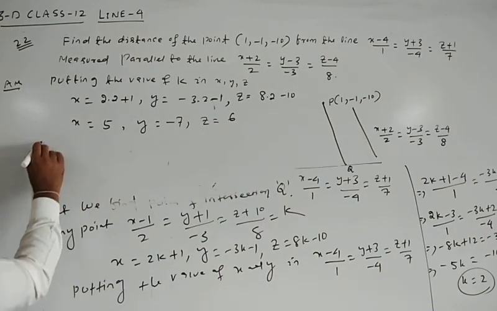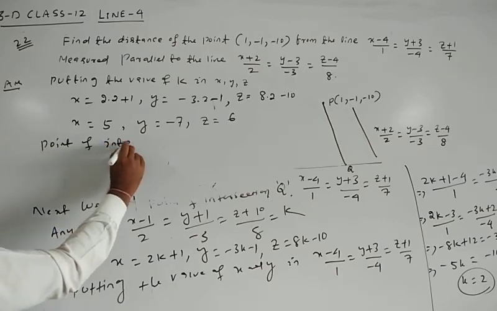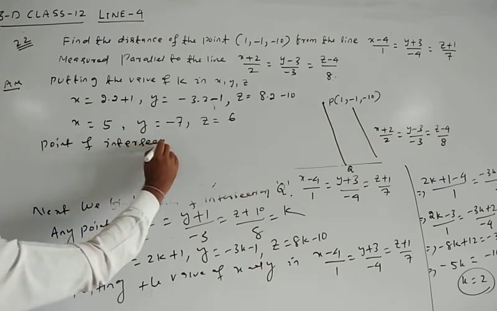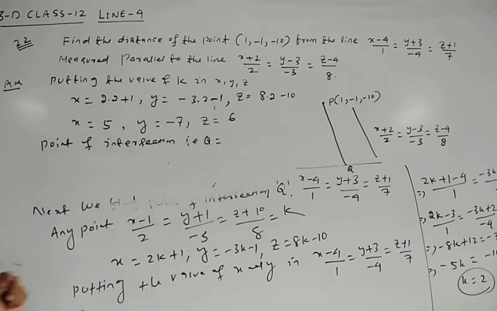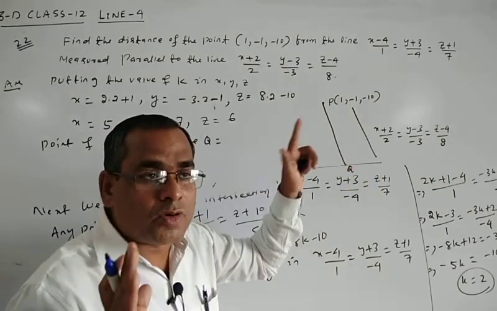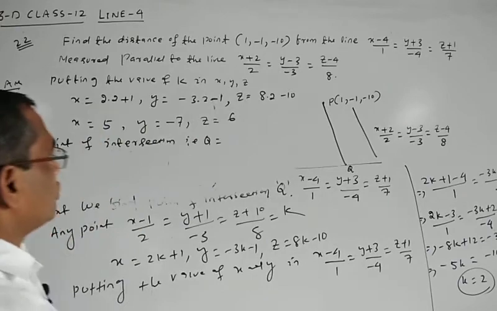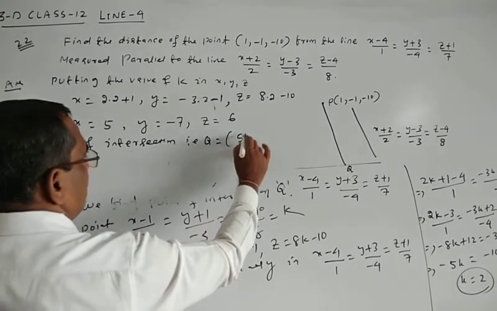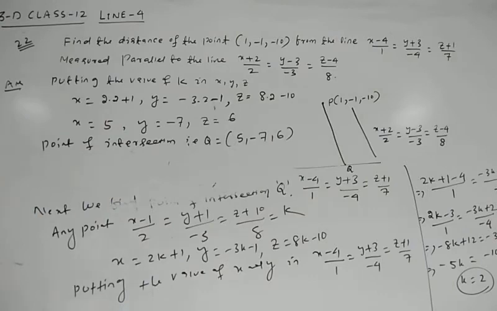So this is the point of intersection Q of this line and this line. In this way you have to find the point of intersection of two lines. So Q is equal to (5, minus 7, 6).